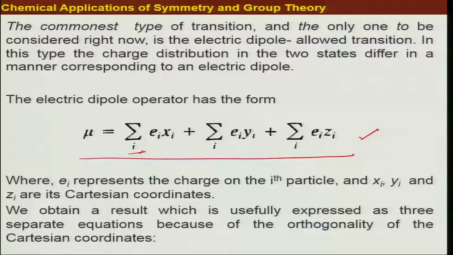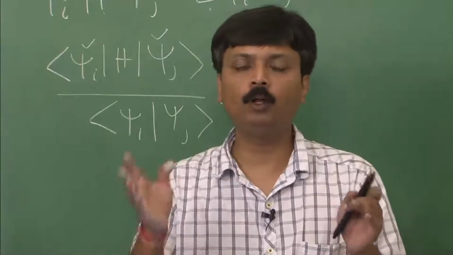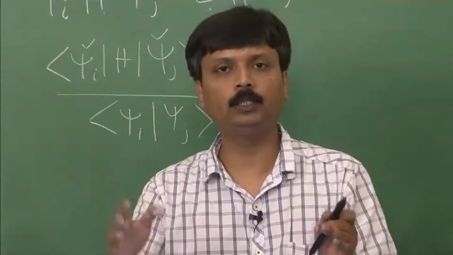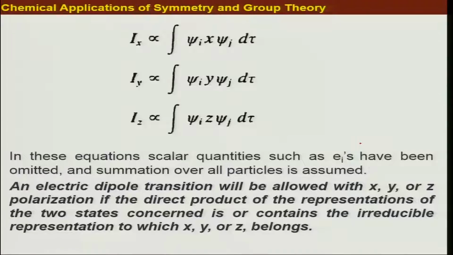So I can separate them out very easily, as shown here in this particular equation. So when I can separate different contributions of mu, that is mu x, mu y, and mu z, I can overall split the transition moment integral also into 3 different integrals as shown here. So I can have an integral which is dependent on the x coordinate, and then the y coordinate and the z coordinate. Fine.